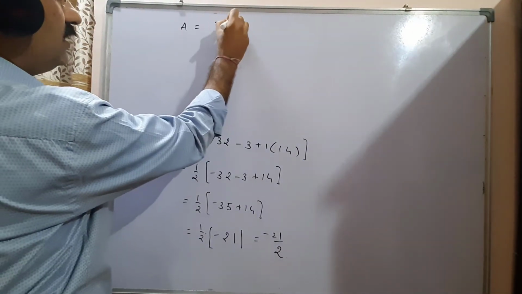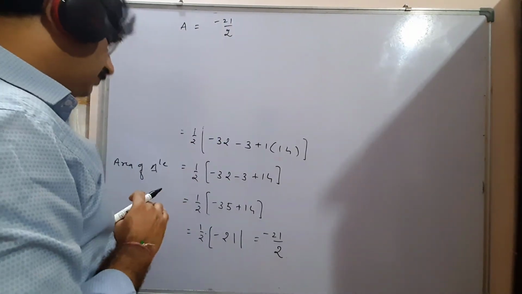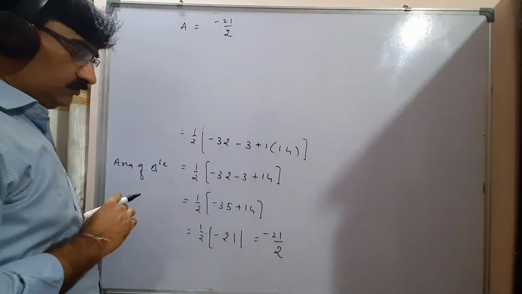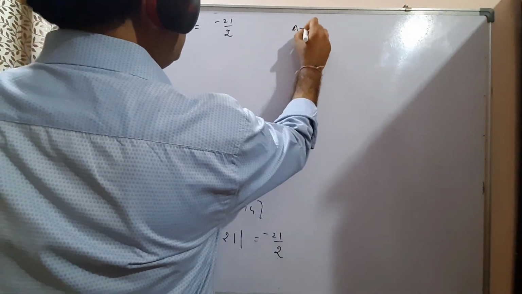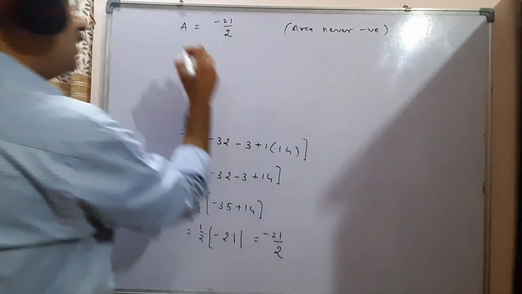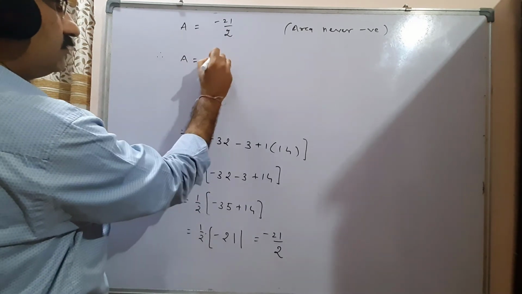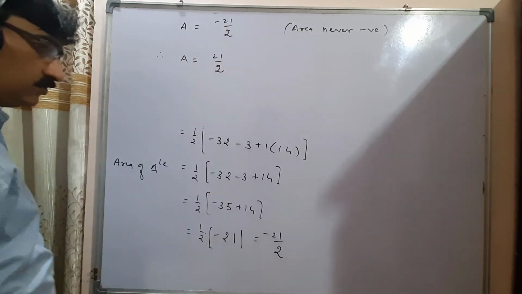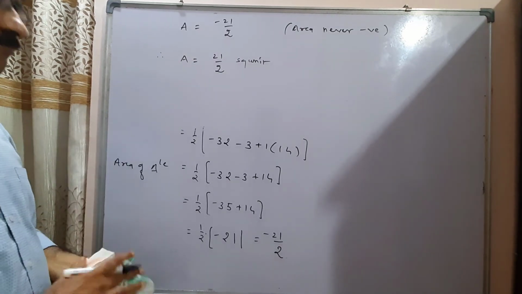Area is minus 21 upon 2. Now here we get the value of the determinant is minus 21 upon 2. But we know that area is never negative. That means area never negative, and therefore we write A is equal to 21 upon 2. So here we get the area is 21 upon 2 square unit.